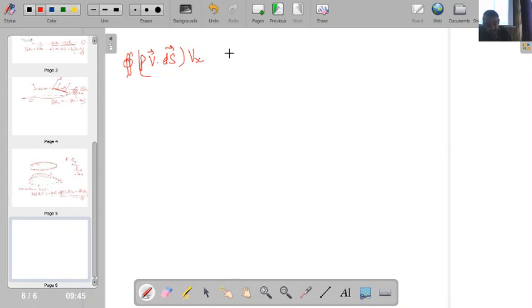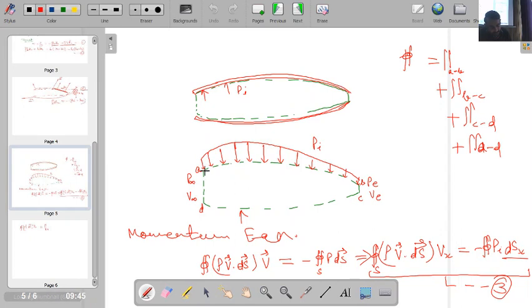Now this will be equal to the integral for A to B. Can you tell me what the integral for A to B will be? Integral for A to B, rho v vector dot ds into vx.